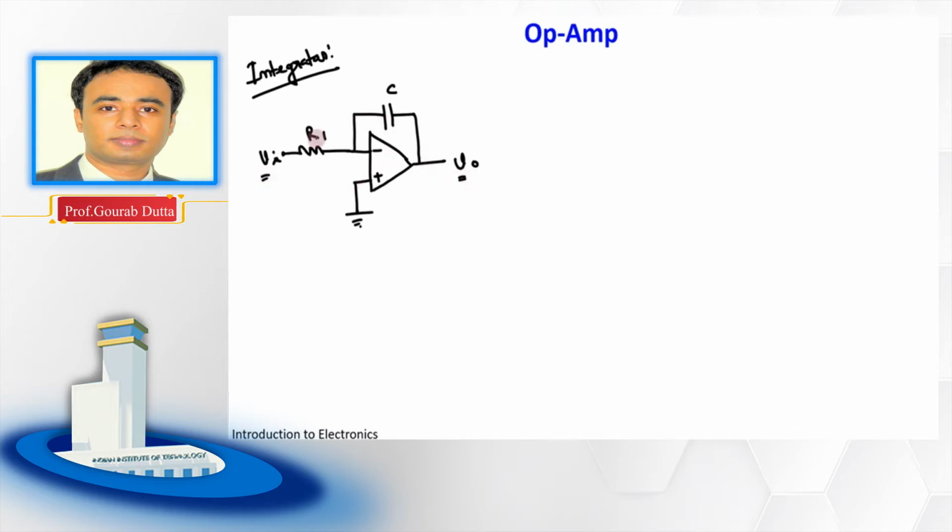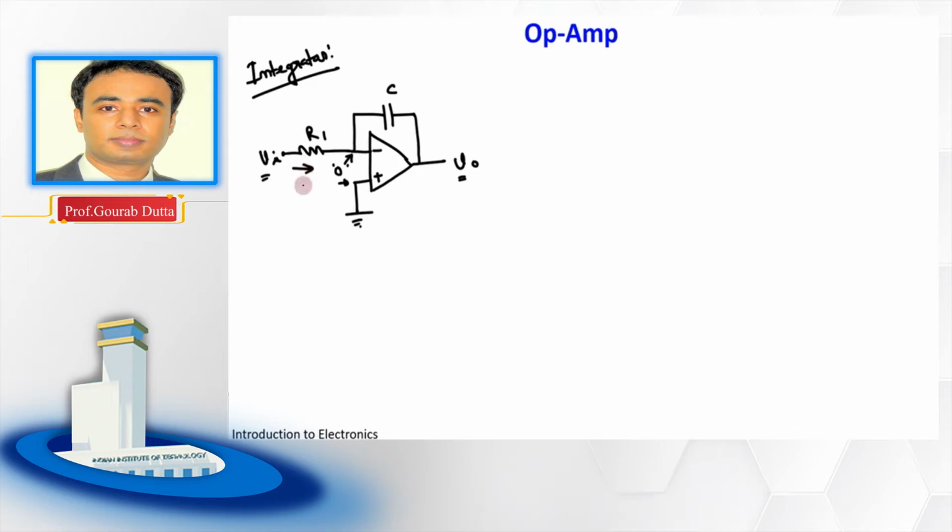Here also you can see this op amp is now operating in a closed loop because its output is connected with the inverting input terminal. As this op amp is operating in a closed loop, the virtual ground concept is valid. So as this is at zero potential, this will also be at zero potential, as we have discussed for our inverting as well as non-inverting amplifiers.